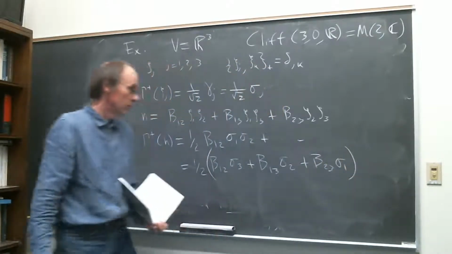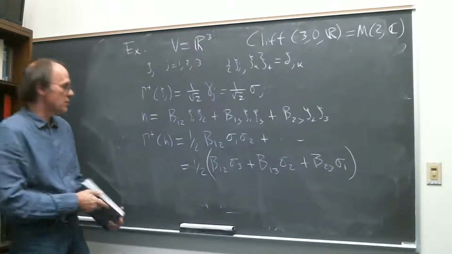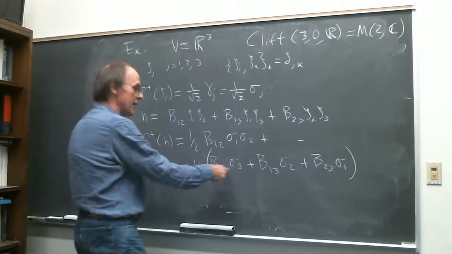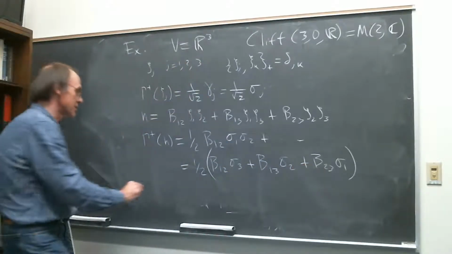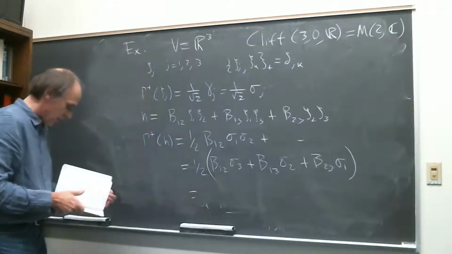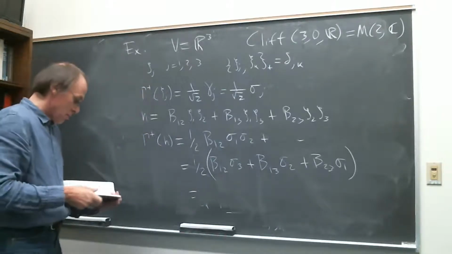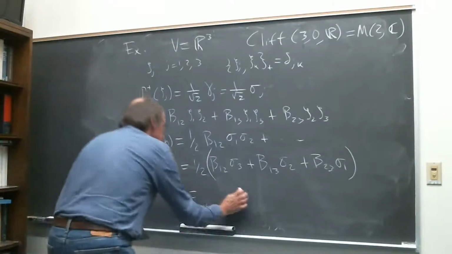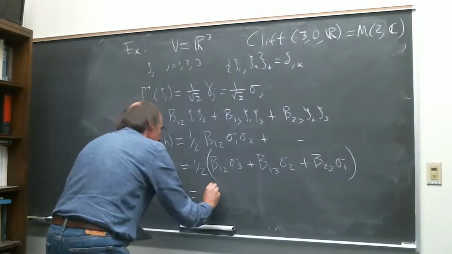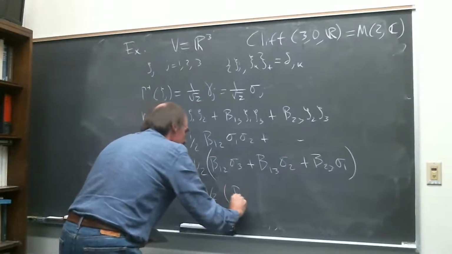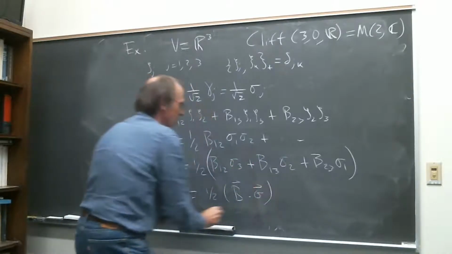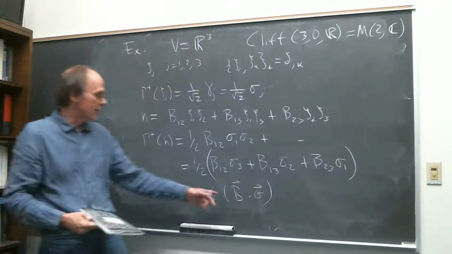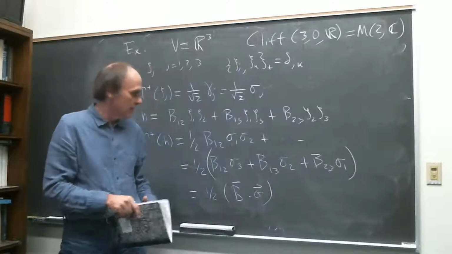Okay. And so you can rename this b3, this b2, and this b1 if you like, and this is just i over 2 b vector dot the Pauli matrices put together and thought of as a vector.